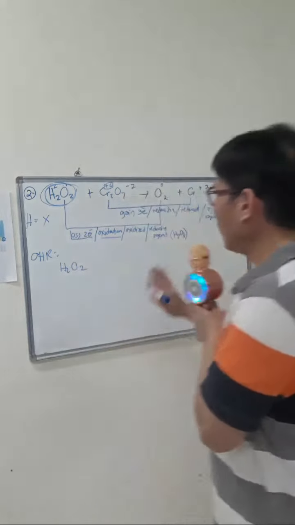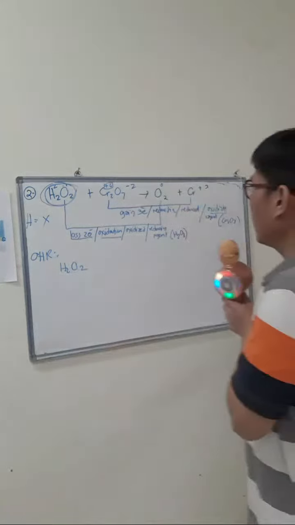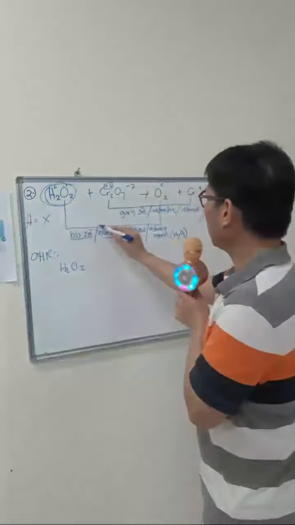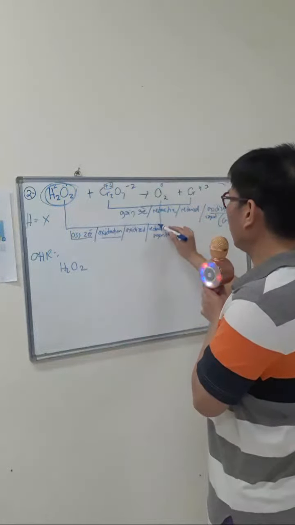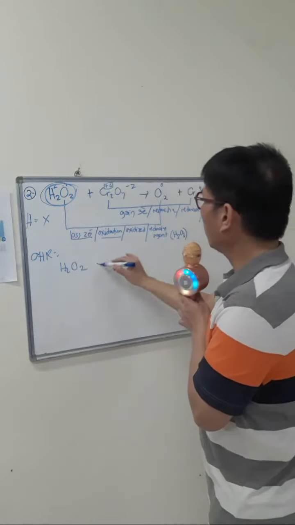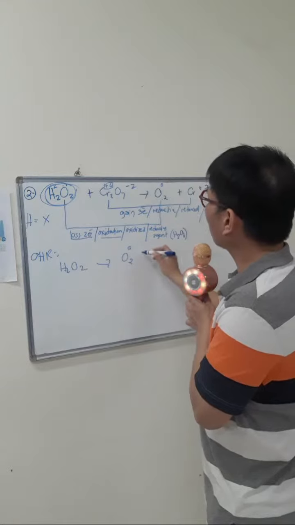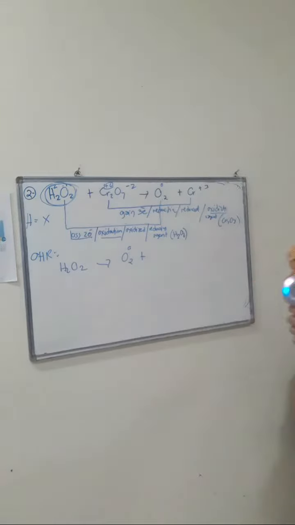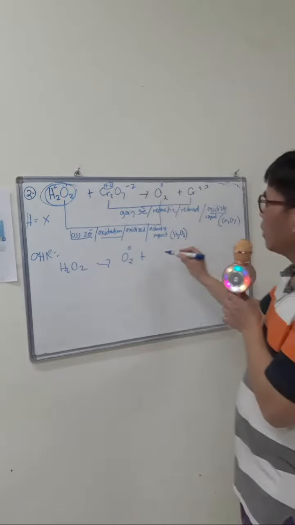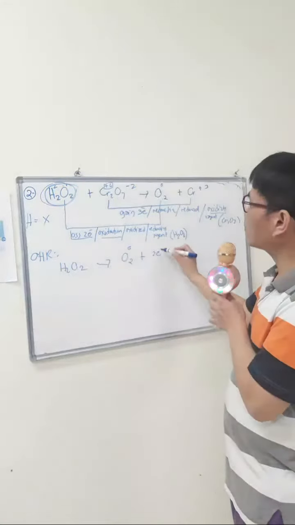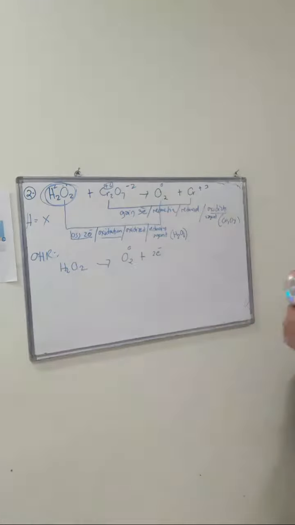So you need to add electrons on the right. So we have oxygen, 0, plus, let's put the electrons lost, which is 2 electrons.